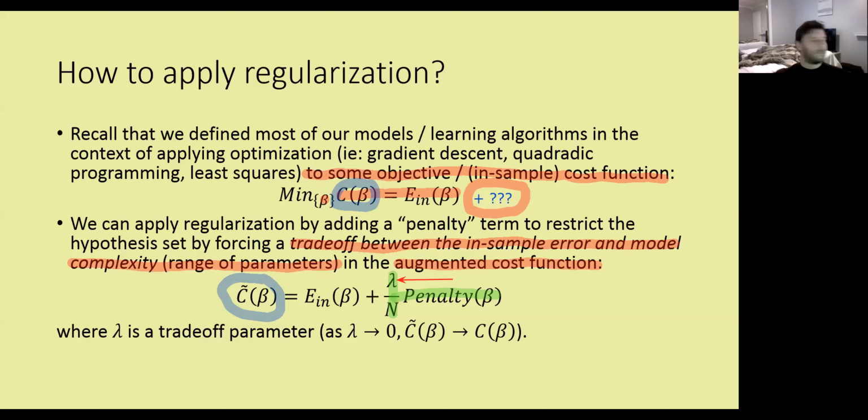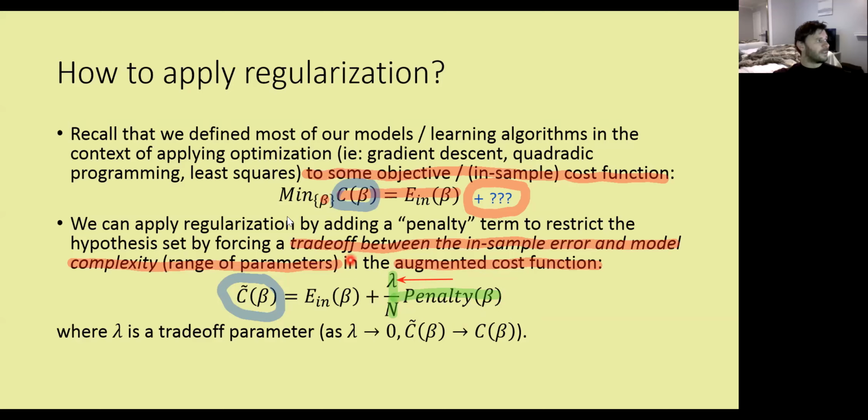But the bigger lambda is, the larger this term in green over here becomes, and the larger the penalty will be. We're going to see here the penalty is going to be an increasing function of the magnitude of the betas. So if lambda gets bigger, it's going to make that penalty function get larger.